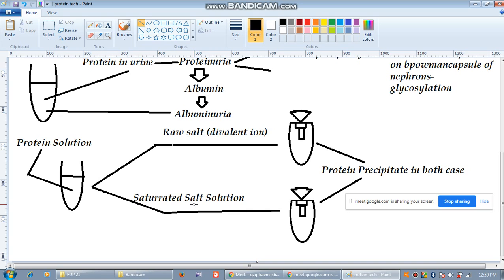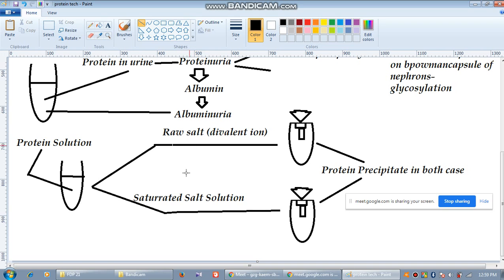Why? Because since you are adding saturated solution, not the salt itself, the overall concentration of salt is less here, isn't it? When it is raw salt, the concentration of salt per mole is much higher compared to saturated salt solution. So in albumin we saw that precipitation is only seen when raw salt is added.